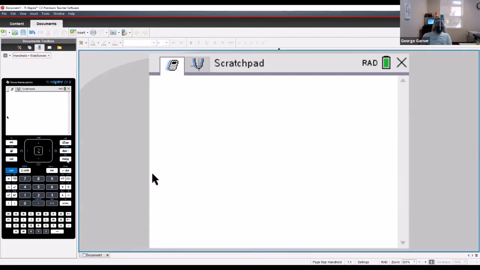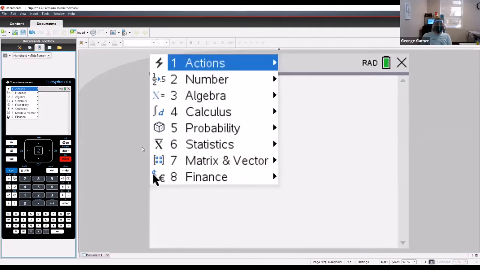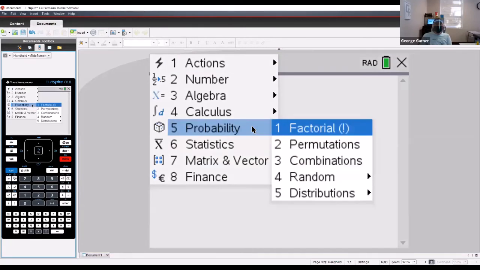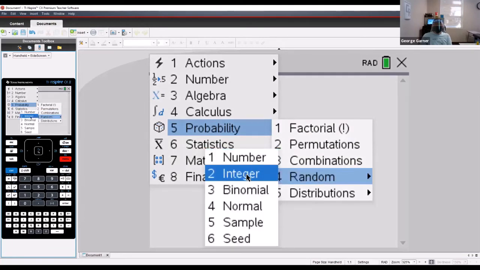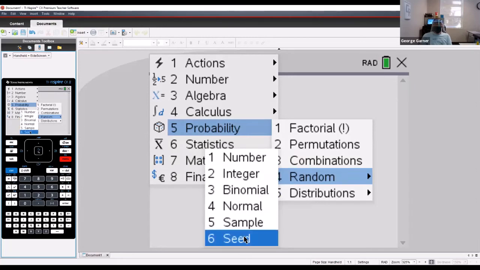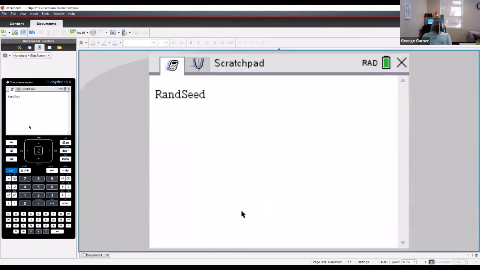So you go to menu, then probability, then random, and we want two things. The next thing I'm going to teach you is random integer, but we're going to start with random seed. Now, I want us all to have the same answer. If I wanted you to do something different, you could pick your own number and keep it secret.